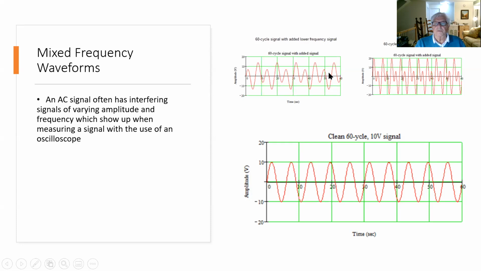So we get little bumps in between the big bumps, but they're spread pretty far apart. Or we can have a higher frequency signal imposed on the back of the 60 cycle signal, in which case we get smaller bumps at shorter distances apart. So the mixed signal can look like this, or like that, and it can look like many other ones that we can't show right now.